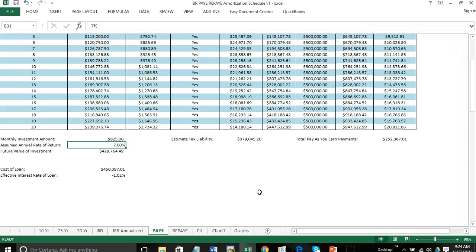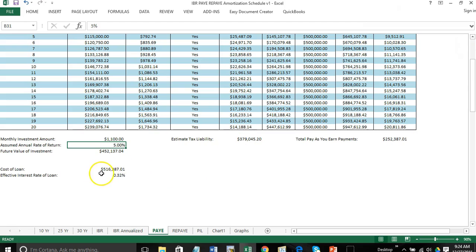But if you're more conservative and you don't want to take that risk, you could say 5%, and as a result, you would have to up this monthly savings amount, and let's go $1,100 per month, in order to have sufficient funds to cover this estimated tax liability.